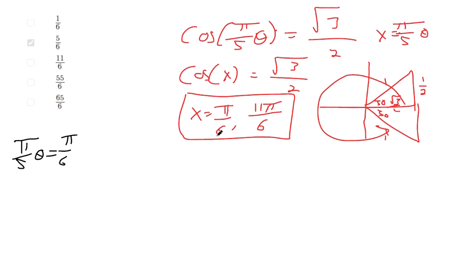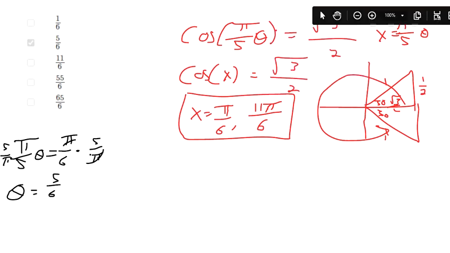X equals pi over 6, so I'm going to plug pi over 5 theta in for x. And then to solve for theta, I'm going to multiply by the reciprocal. I don't think I'm saying anything right today. Multiply by the reciprocal. So I get theta is, cross cancel, theta is 5 over 6 for one of our solutions.